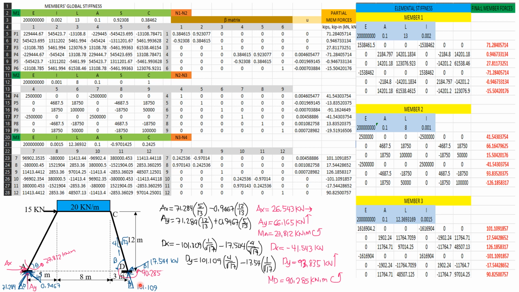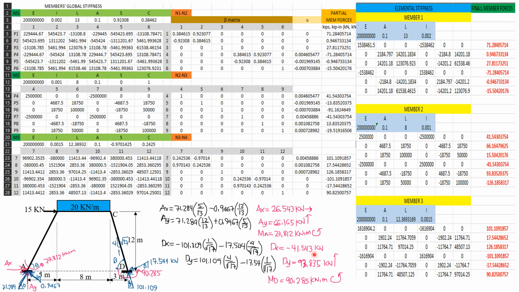So this is the direction of negative shear, 17.544. So from the figure, DX is negative 101.109 because this is beta. So cosine beta is 1 over square root of 17. Then negative 17.544 sine of beta, and sine beta is 4 over square root of 17. So DX is negative 41.543 kilonewtons.